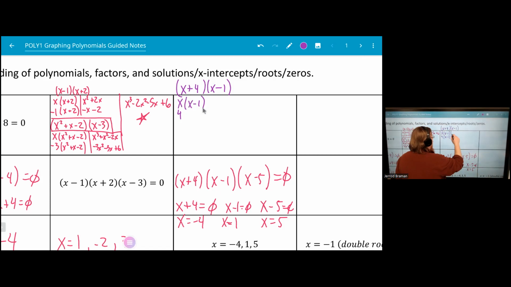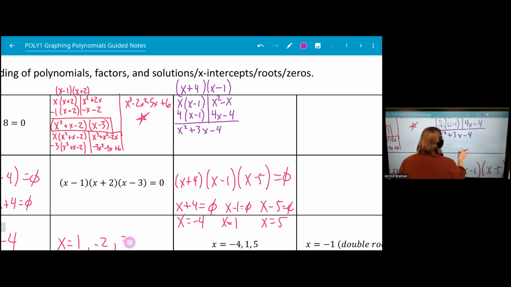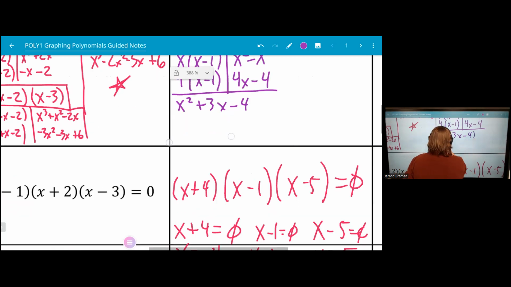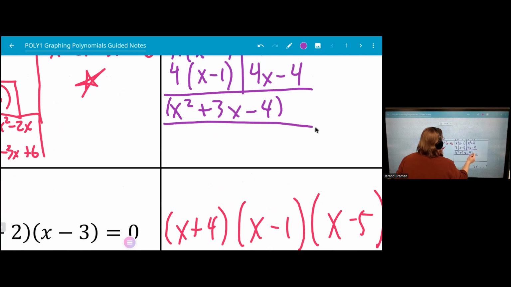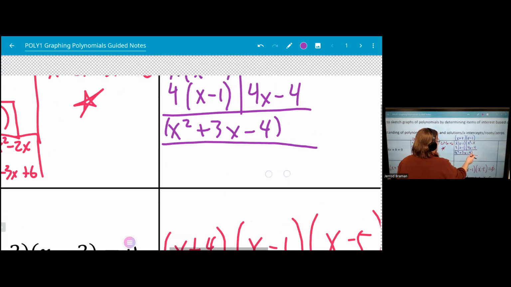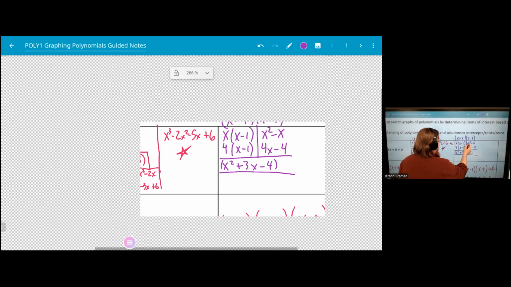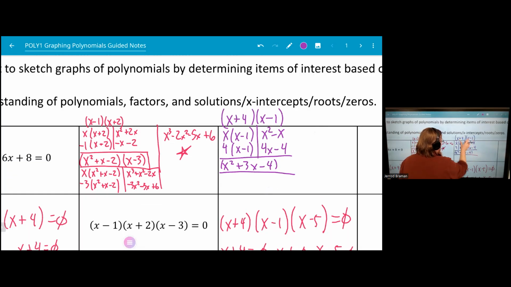If I distribute through properly, I have x squared minus x, 4x minus 4, and I end up with x squared plus 3x minus 4. Hopefully at this point you're starting to see some shortcuts. Looking at that one, 4 and -1 is -4, x and x is x squared, and you'll have 4x and -x for plus 3x.